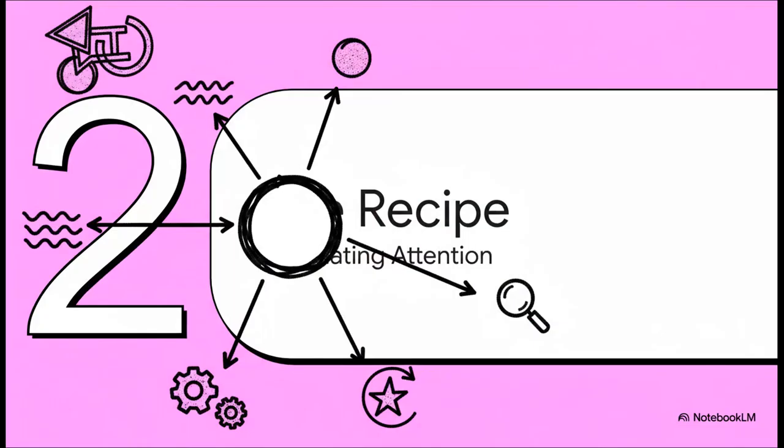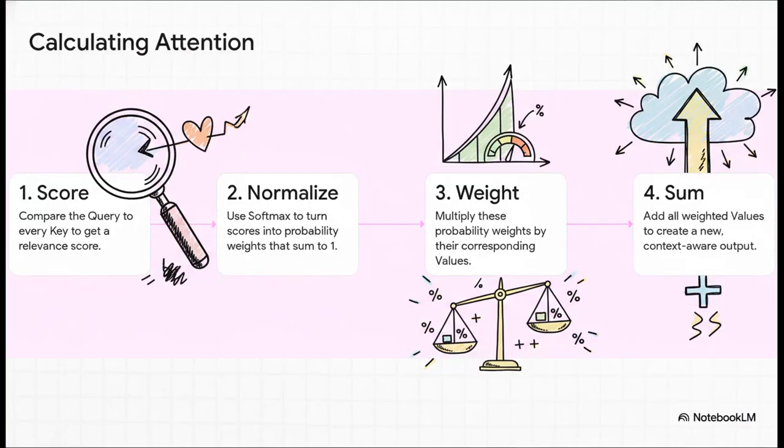Okay, so we've got our query, our keys, and our values. The real magic happens in how these three things talk to each other. It all comes down to a simple but incredibly powerful four-step recipe for finding meaning. So here's how it works. First, the model takes the query and compares it to every single key in a sentence. This gives it a relevance score. A high score means, hey, this is a strong match.